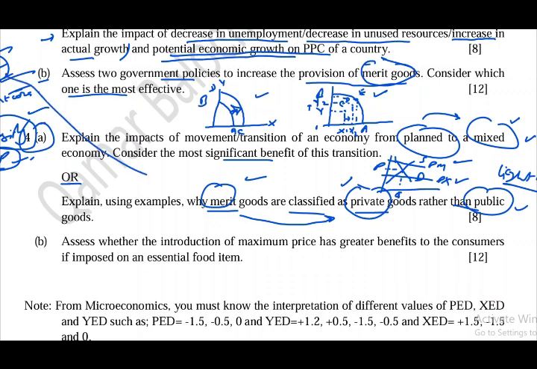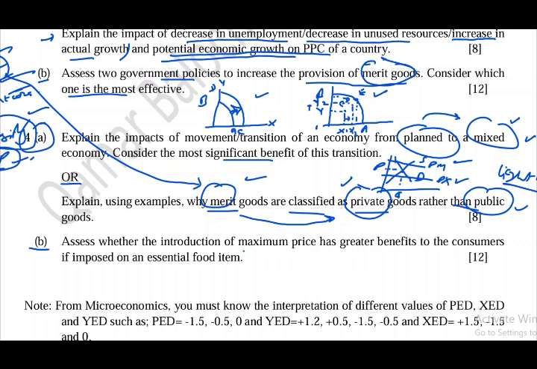Education is a merit good, but everyone can't get admission in a university. They have to fulfill certain criteria, right? If they don't meet that criteria, then they can't enter the university. Similarly, universities also have limited capacity to give admission to students. So again, it is excludable and rival.